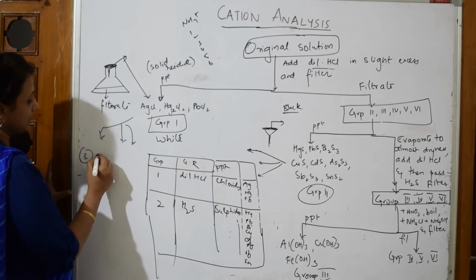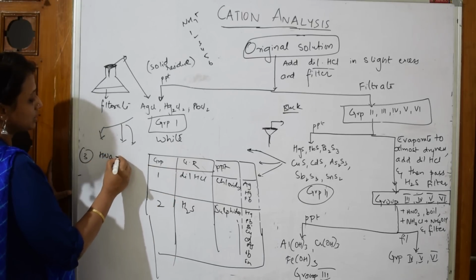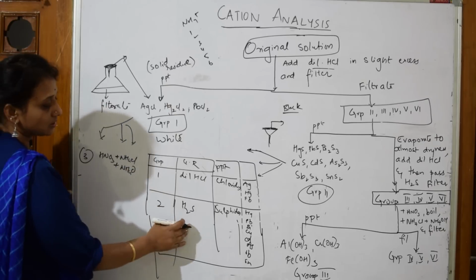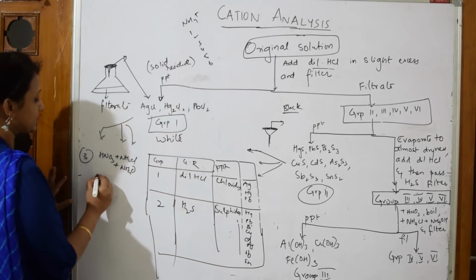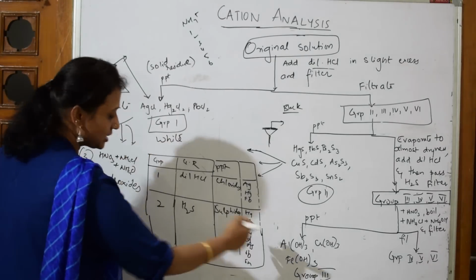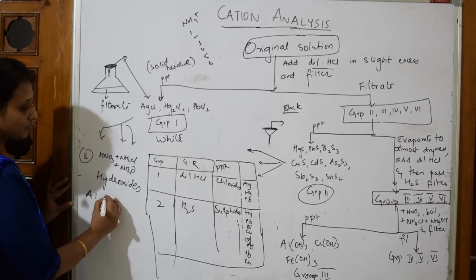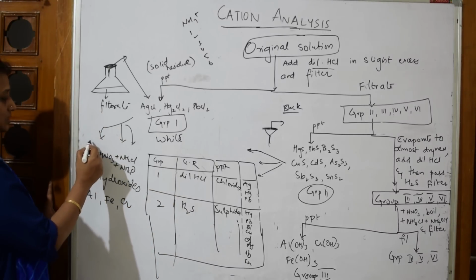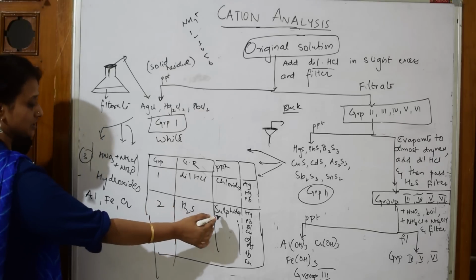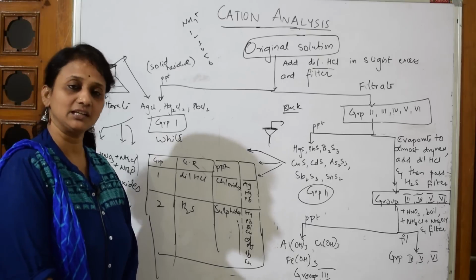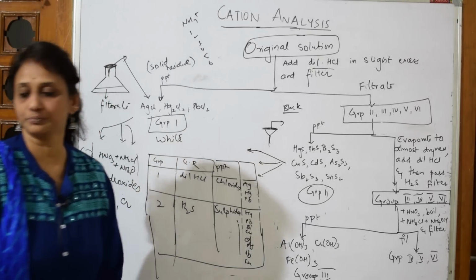So you are adding HNO3 also: HNO3, ammonium chloride, ammonium hydroxide. Now here, how are they precipitating out? They are precipitating in the form of hydroxides. And what are the cations present? Aluminium, iron and chromium. Because there is no place, I have written here: this is the first column, this is the second column, this is the third column, and this is the fourth column. So many Viva questions covered. Let's start off with the fourth group.